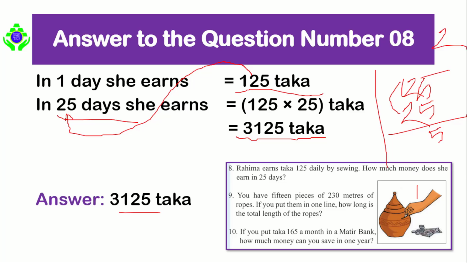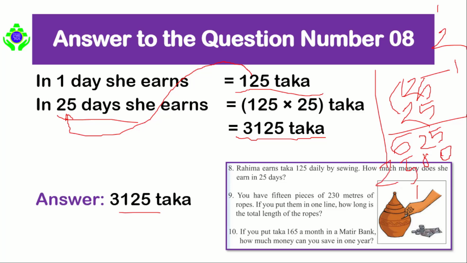That's why I write a 2. 1 should be in my hand. 5 into 1 is equal to 5, and 5 plus 1 is equal to 6. Now I should write a 0 as per the rule. 5 into 2 is equal to 10. There should be a 0, and 1 should be in my hand. 2 into 2 is equal to 4. 4 plus 1 is equal to 5. There should be a 5. Okay, and then 2 into 1 is equal to 2.